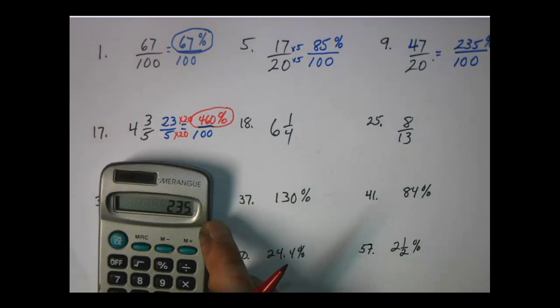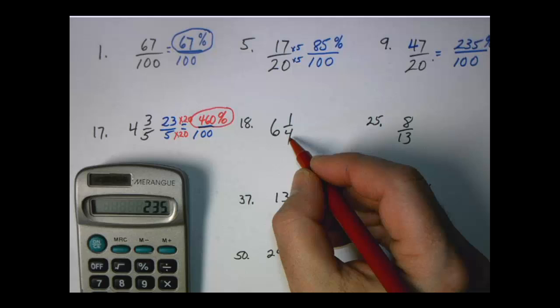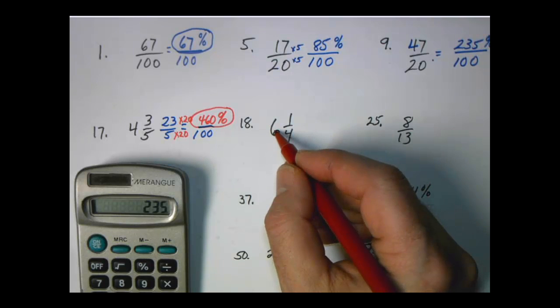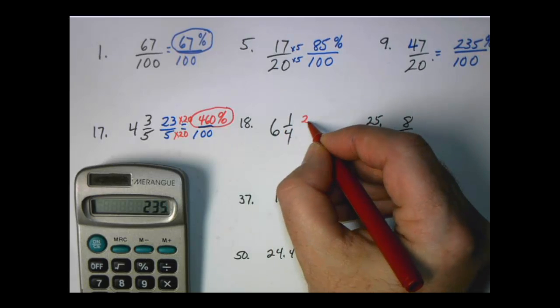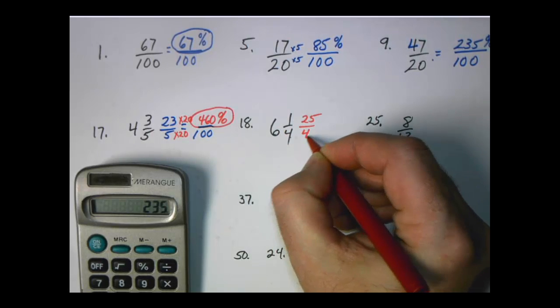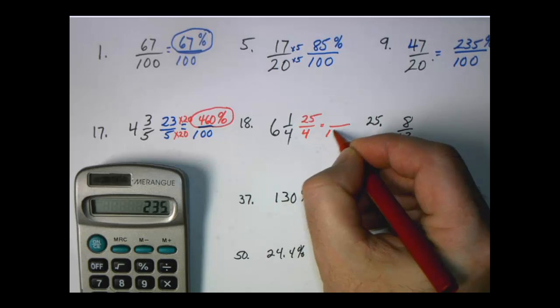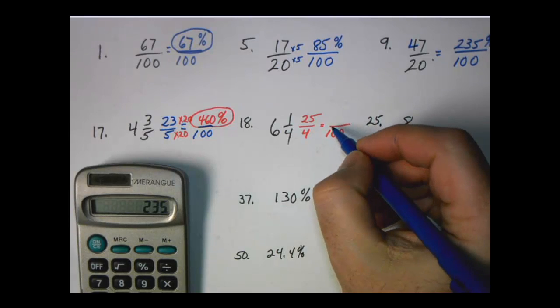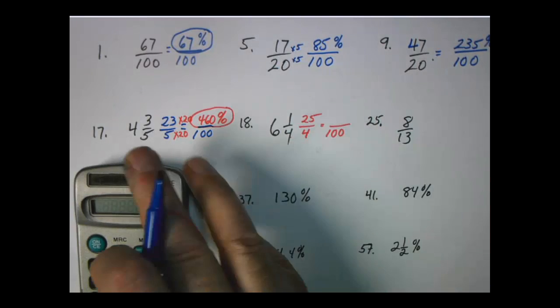So again, I would multiply the base times our whole number. So 4 times 6 is 24, plus 1 is 25. That's over 4. Percents are always over 100. You're going to repeat things a lot just so it'll go into long-term memory. So let's do it on the calculator here.